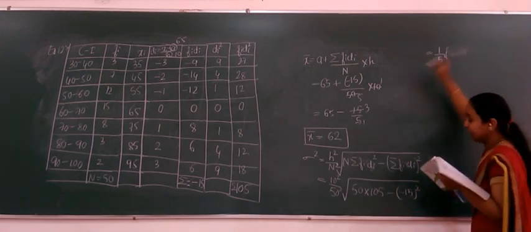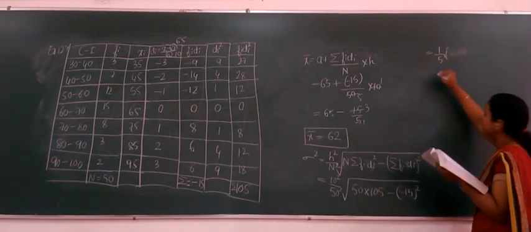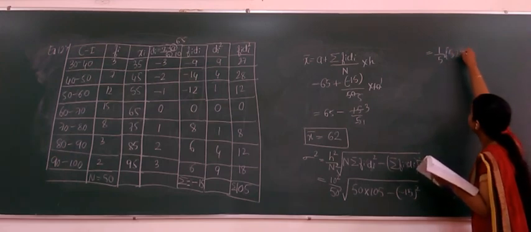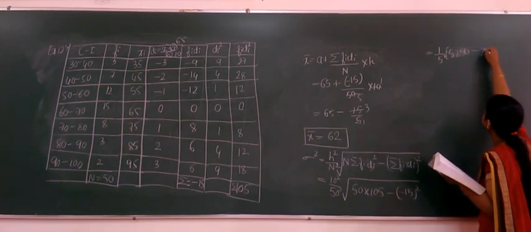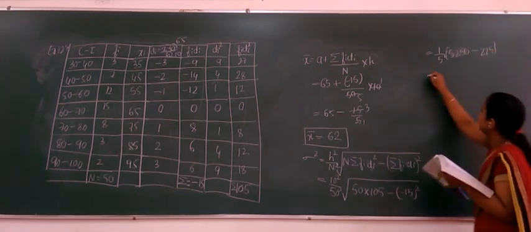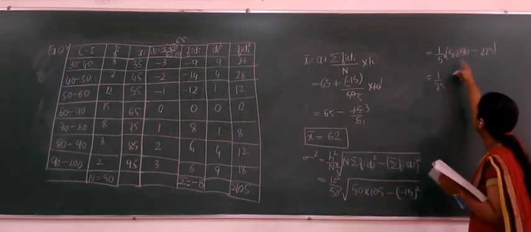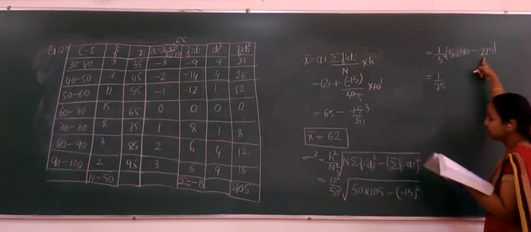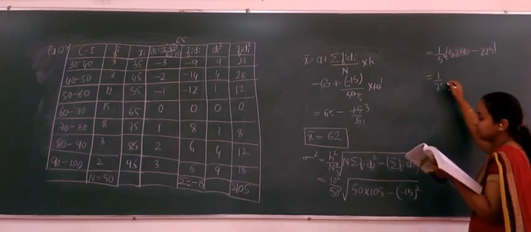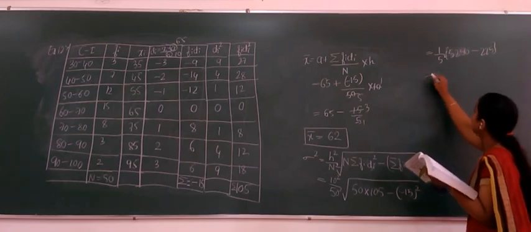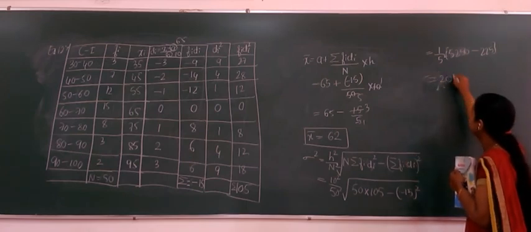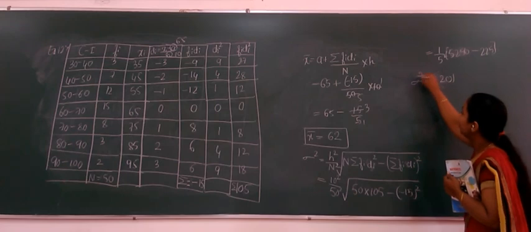I'll just write it off directly. 50 into 105 is 5250, minus 15 square is 225, or it is 1 by 25 into 5250 minus 225. So the total answer of variance will be 201.